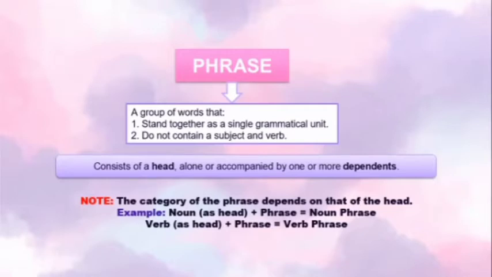For example, a noun positioned as head plus dependents is called a noun phrase. Verb plus dependents is called a verb phrase. And it also applies to adverb or adjective and so on.